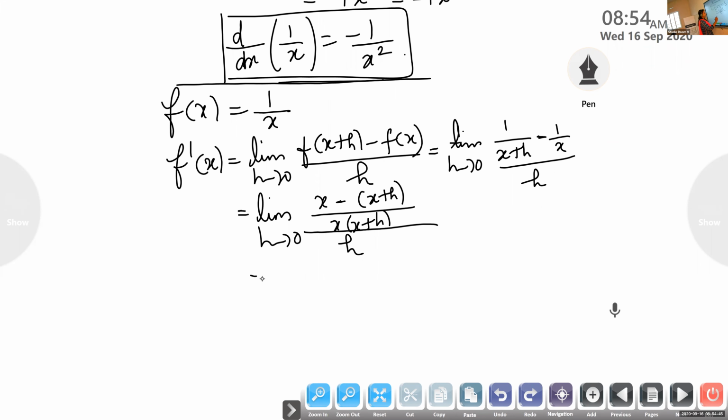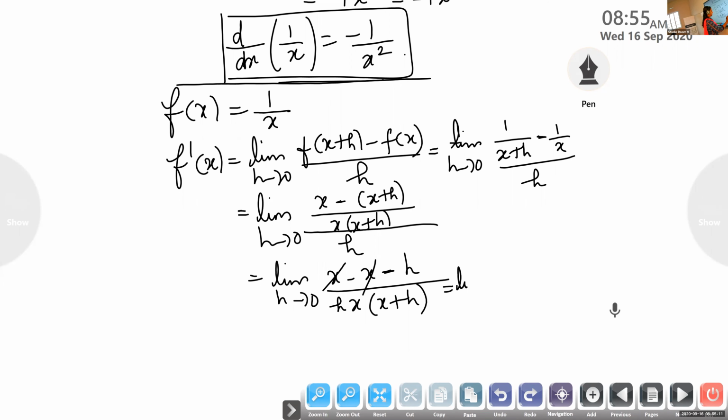So, that is the same as limit h tending to 0. Here, open the bracket: x minus x minus h, and this h will go to the denominator, so h into x into x plus h.